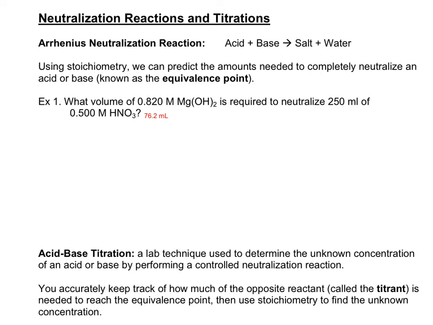Example 1 asks us what volume of magnesium hydroxide is required to neutralize a sample of nitric acid. Let's first start by writing a balanced chemical equation. This is going to be a double displacement, so my magnesium is going to go with my nitrate, and my hydrogen is going to go with a hydroxide to make water.